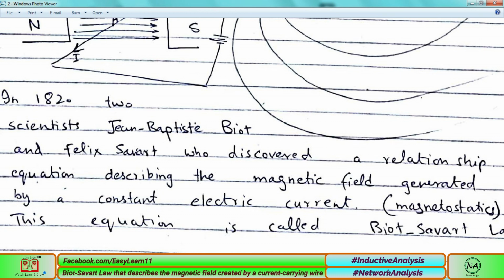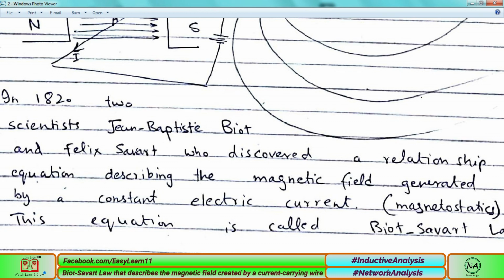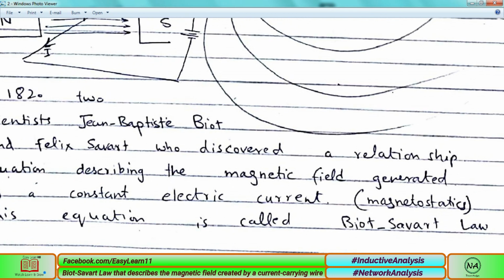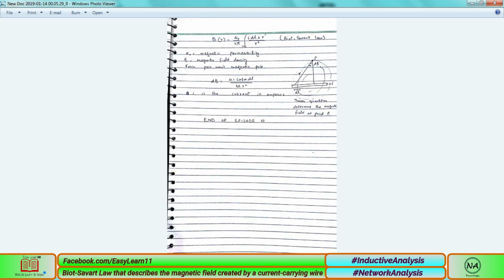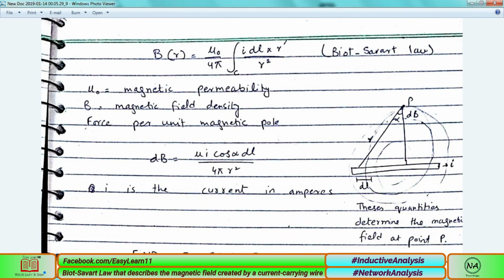But Coulomb's law was for two charges at rest, that is electrostatics, while this law, the Biot-Savart law, has the same importance in magnetostatics and is used for discussing the charges and forces when the charges are in motion. So this equation is called the Biot-Savart law.